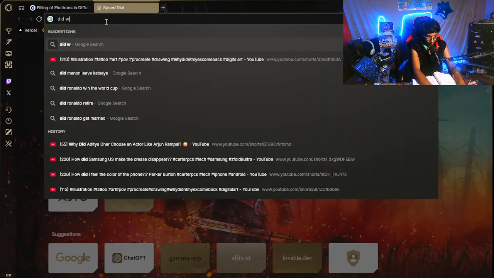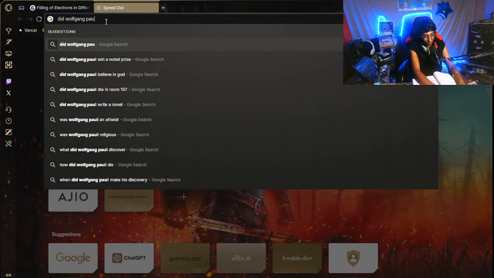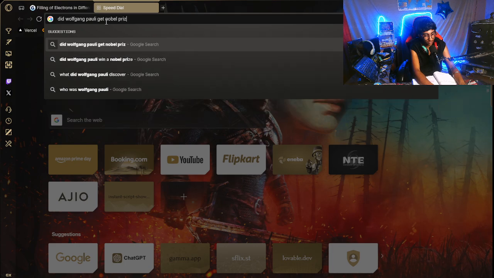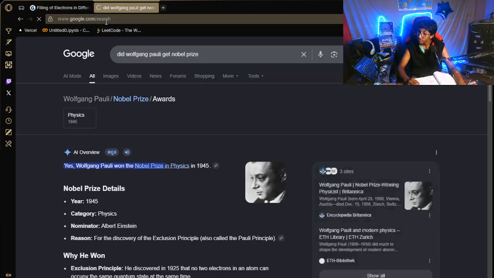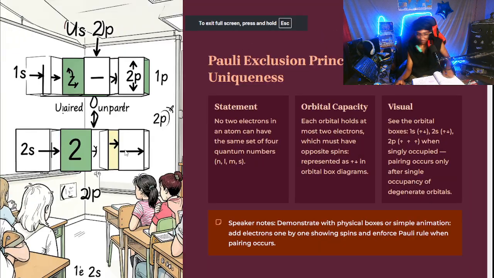Did Wolfgang Pauli get Nobel Prize? Yes, this guy got Nobel Prize. Very interesting. Why did we do this? Utterly useless. Okay, but this guy is important for some great reason.